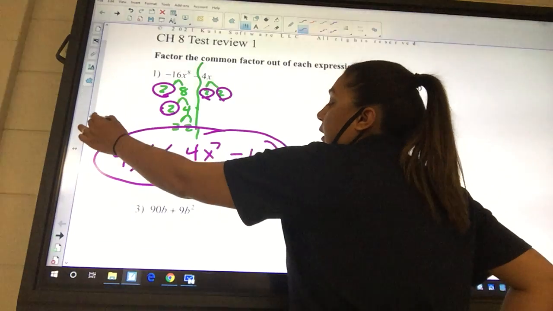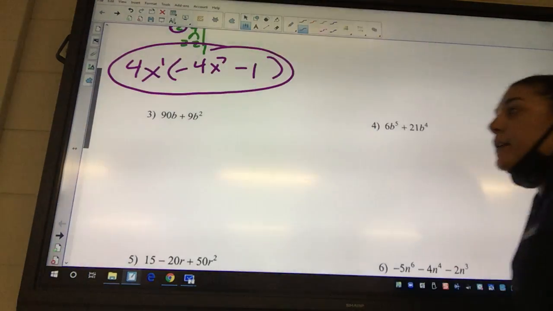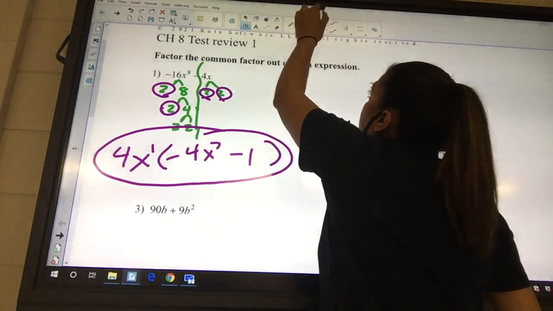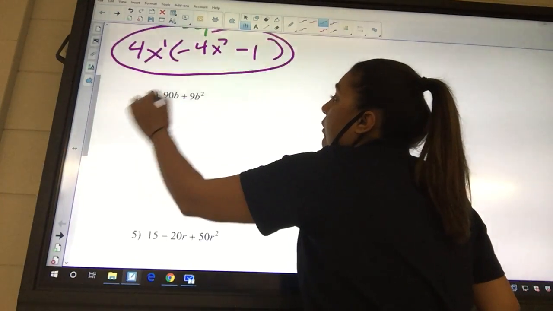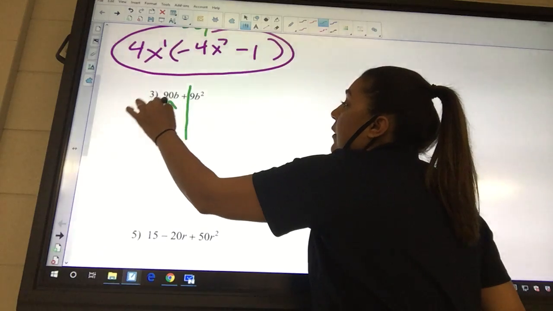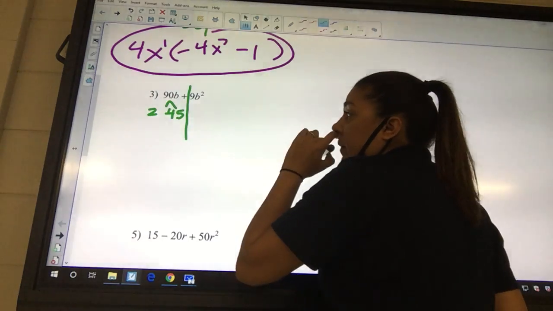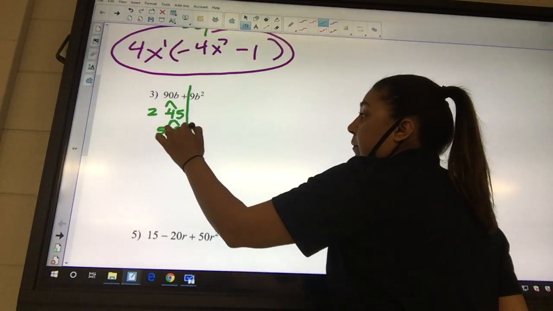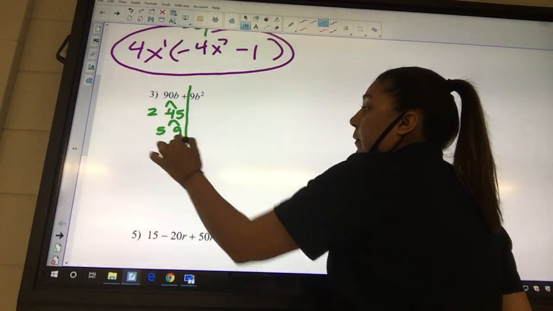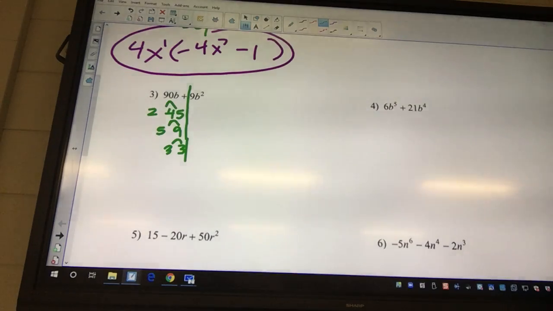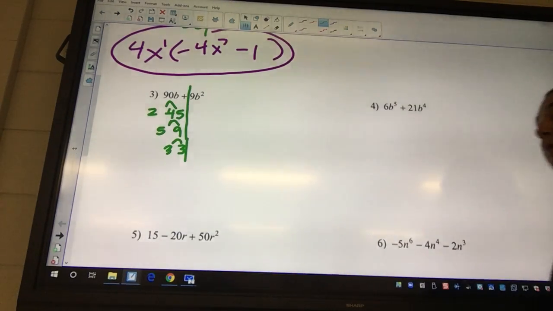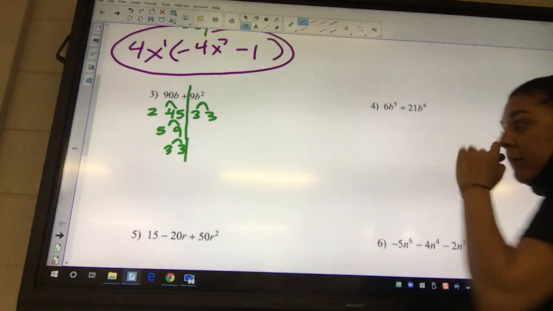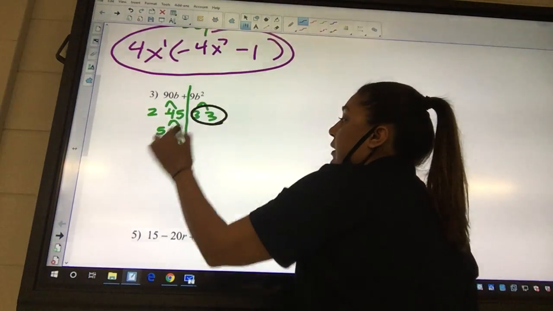Okay, look at 3. Okay, what are some factors of 90? 2 and 45. What else? 5 and 9. 3 and 3. Okay, and then we need some factors of 9. 3 and 3. Okay, so what's matchies? What can we pull? 3 and 3. So I got a set of 3s and a set of 3s.